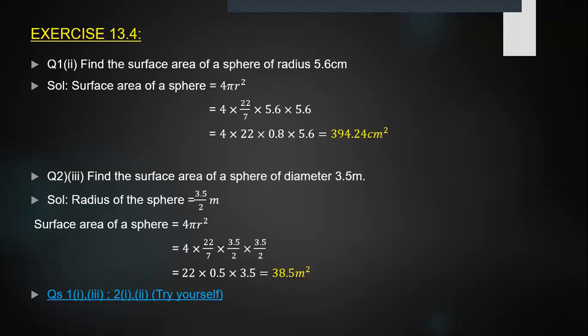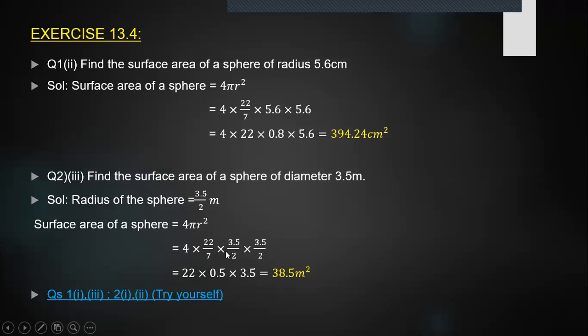Next, I'm taking up the second question, third part. Find the surface area of a sphere of diameter 3.5 meters. If the diameter is given to you, you have to find the radius. So the radius of the sphere is equal to 3.5 by 2 meters. Substitute the values in the formula. Now I'm just going to take the cancellation forward over here.